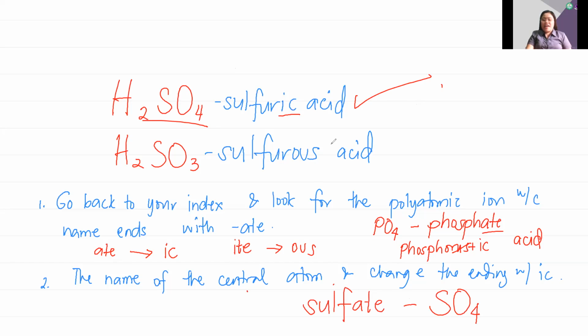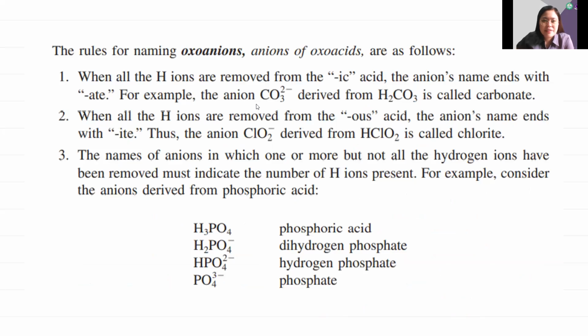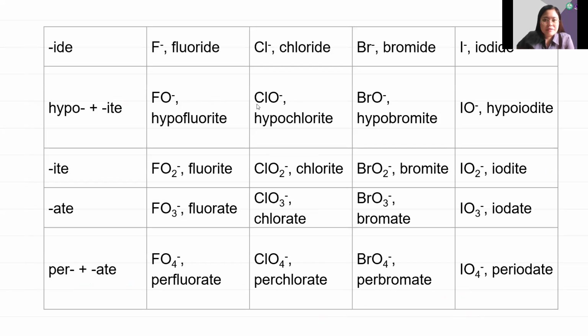Siya yung mag-i-end ng IC. So sulfuric acid. And then -1 tayo. Kung -1, OUS siya ang ending. So this is also correct. Sulfurous acid. That's how you name oxoacids with the same central elements. Questions about this? Wala.